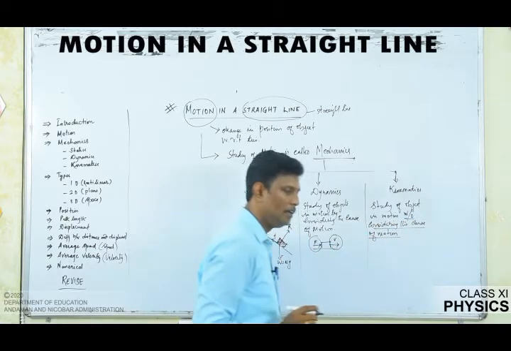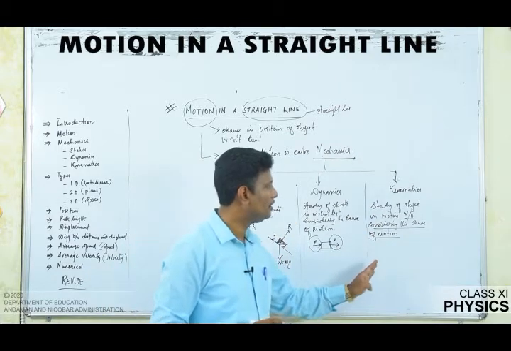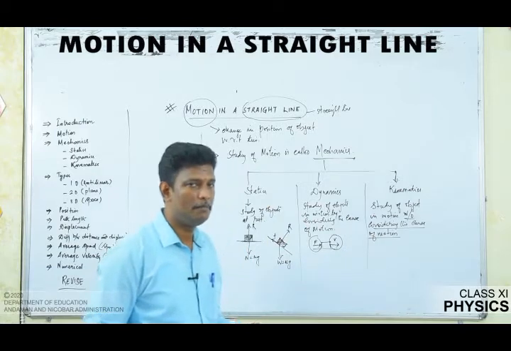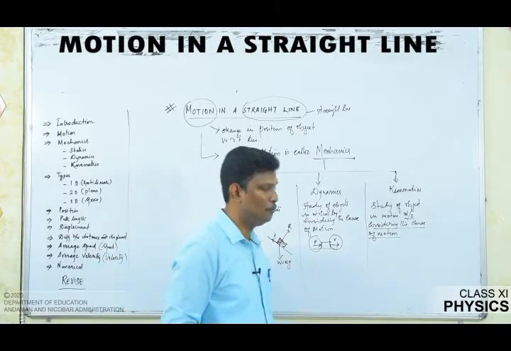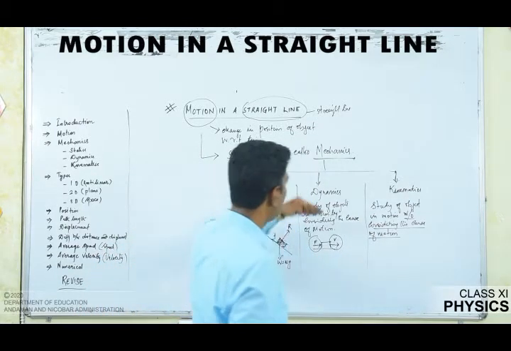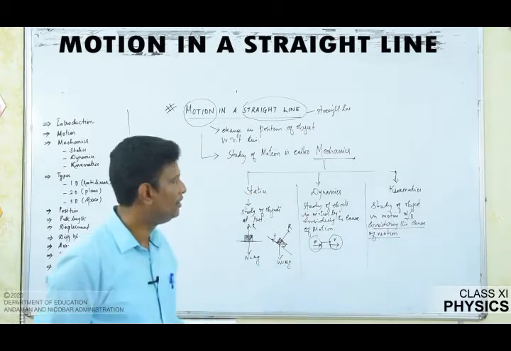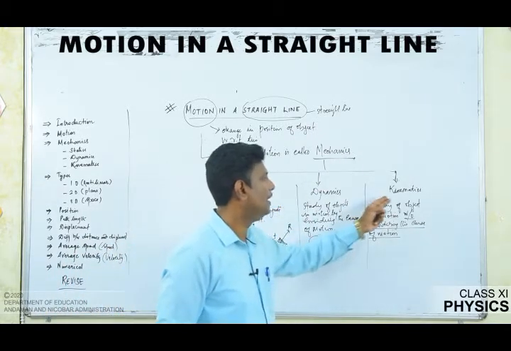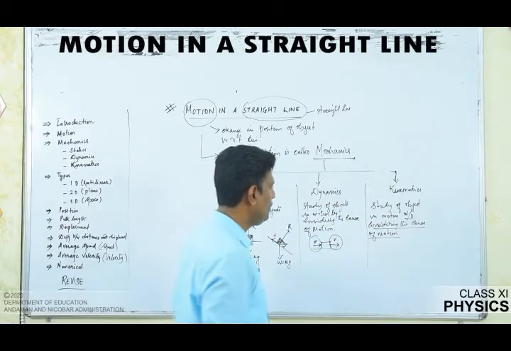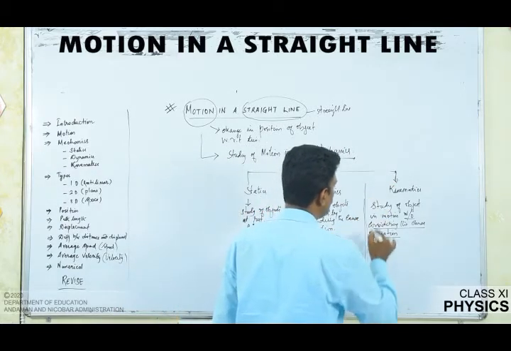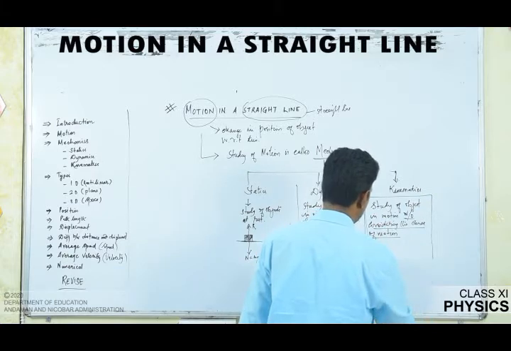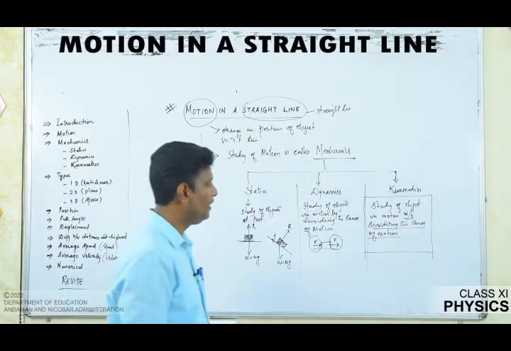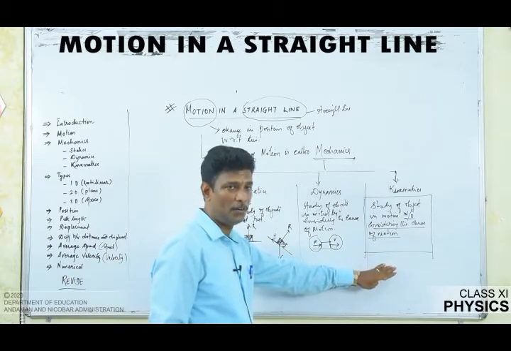That means here we will be considering the motion only, not the cause by which the object is moved. So, collectively, mechanics has three branches: statics, dynamics and kinematics. As this is relevant to the lesson, motion in a straight line, we will be concentrating on kinematics only.